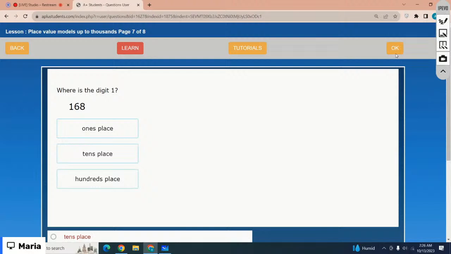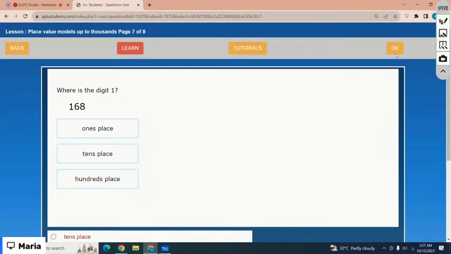Where is the digit 1? 168. Where is 1? 1 is at the hundreds place, right?